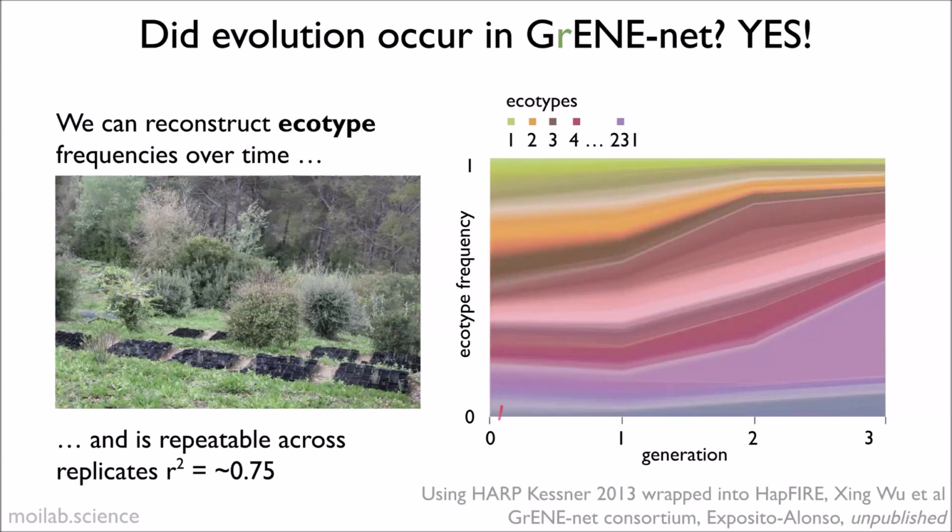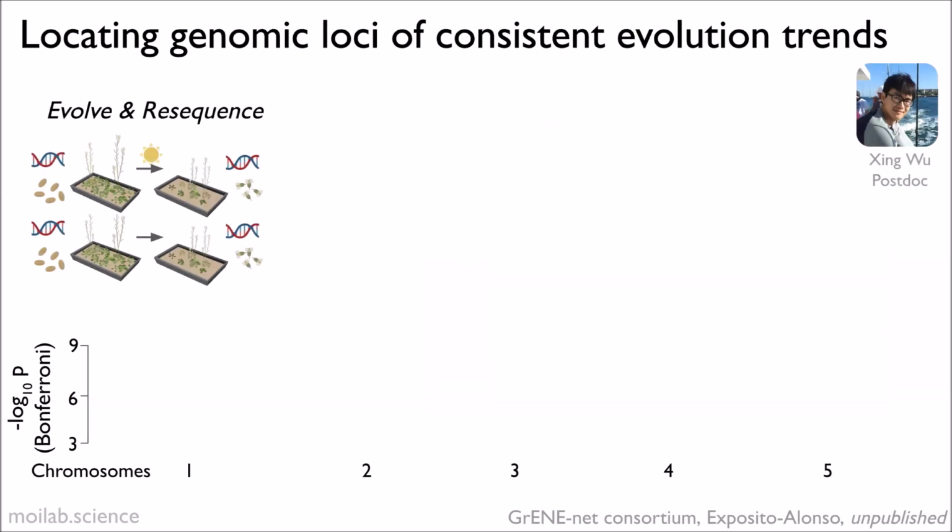Like at the beginning, they're in equal proportions, and then over time, they change and they're not equal proportions. And precisely in these sites, which is something not very common, we saw a single ecotype dominating over others. And this is why it's such a repeatable evolution. This happens across replicates.